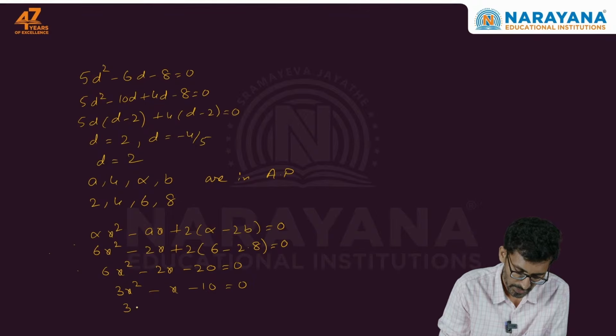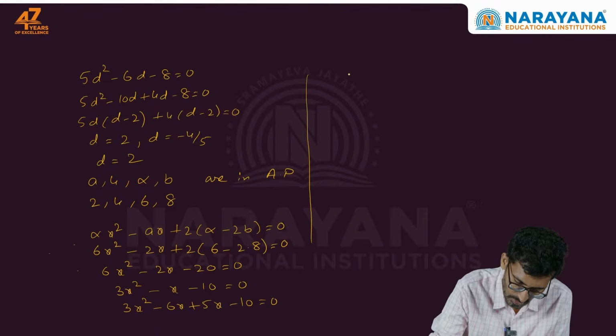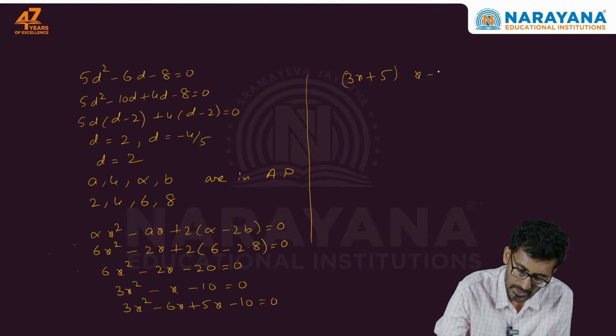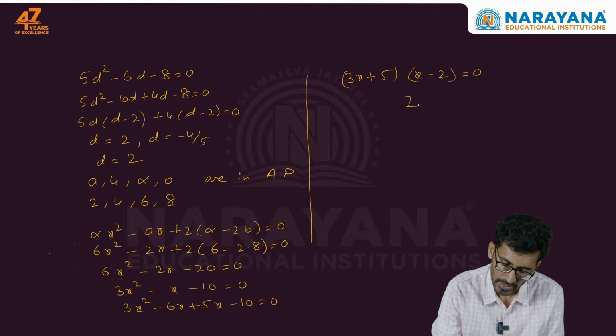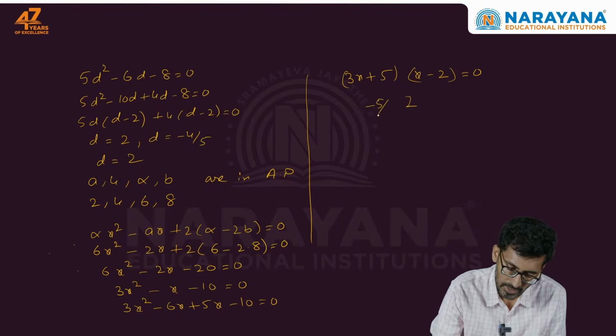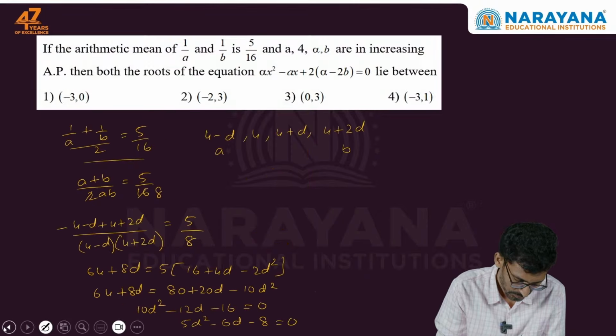So I can simplify now. 3x square minus 6x plus 5x minus 10 is equal to 0. So what are the roots we are getting? (3x plus 5) into (x minus 2) is equal to 0. So the roots we are getting are 2 and minus 5 by 3. Let us see what question they have asked.